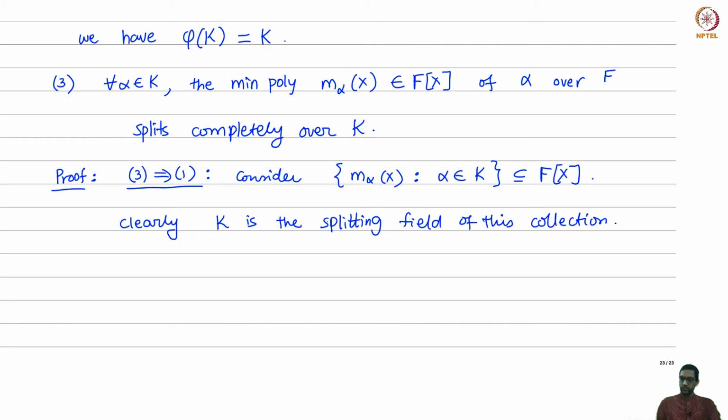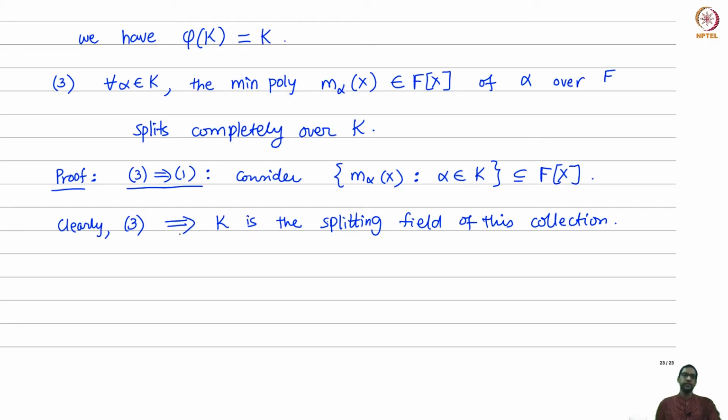Clearly, if I assume 3, then it implies that k is the splitting field of this collection.